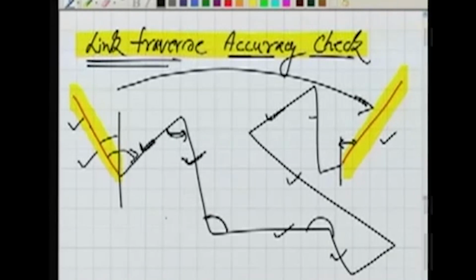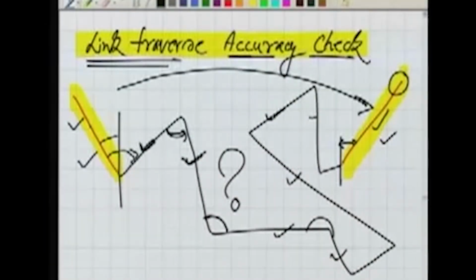If there is error in between, which will be there, the bearing which we are computing here will not be the bearing of this line actually there on the ground. So what we find? We find there is error in between, because we started from a known line, we are reaching a known line, and starting from this known line, we used all the measurements which we had done in the field for our open traverse, and using those measurements we computed the bearing of this line, and the bearing is not coming the same.